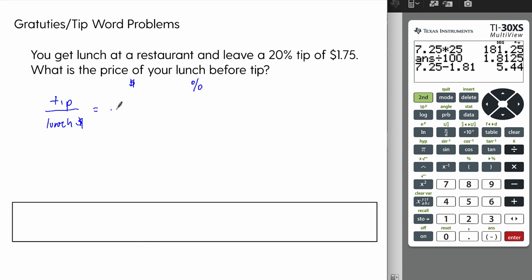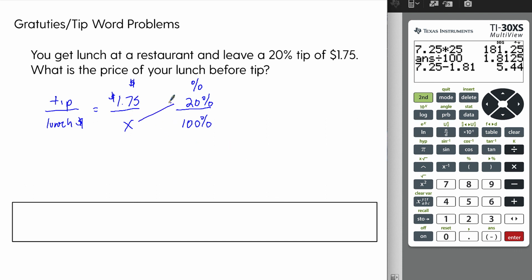Let's set up our template. So there's our template. They mentioned 20% here. So you always stack percents. So you've got percent, percent, percent. And then money is over here at $1.75 for the tip. And then what we want is the cost of the lunch.